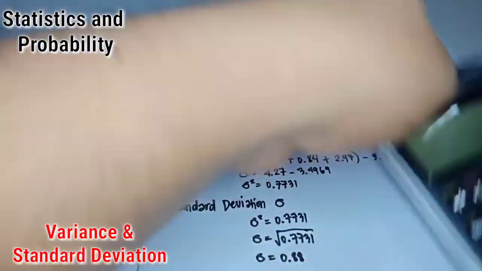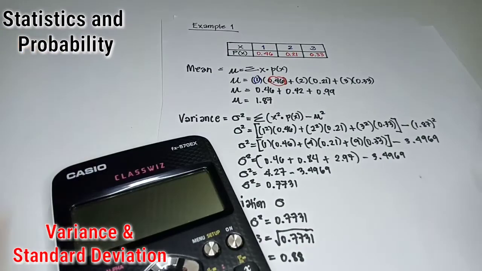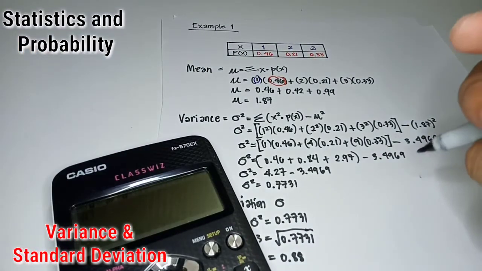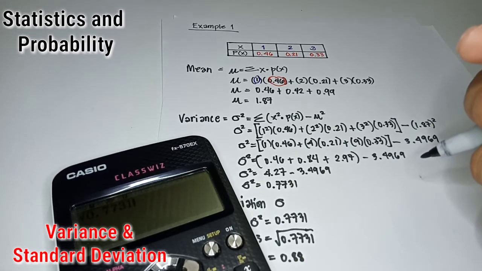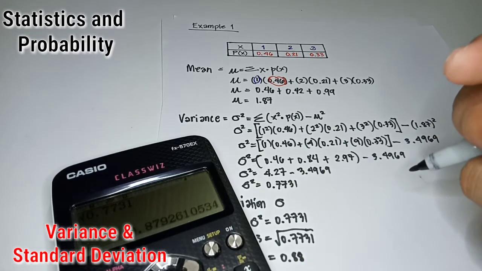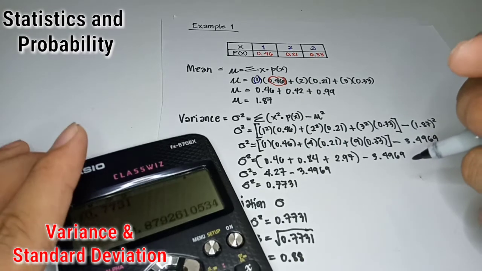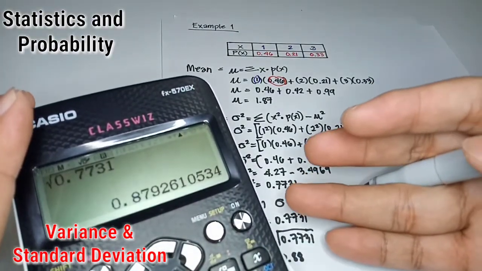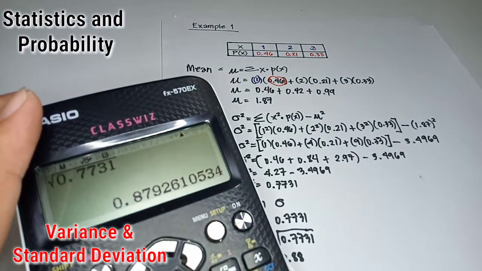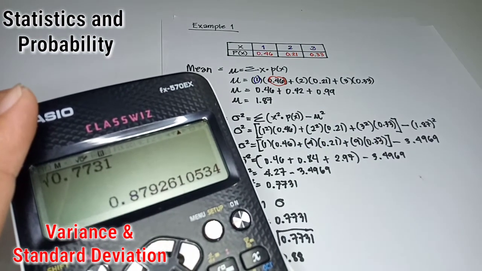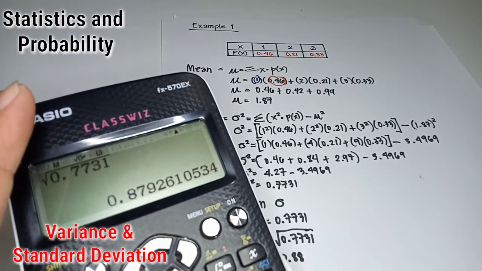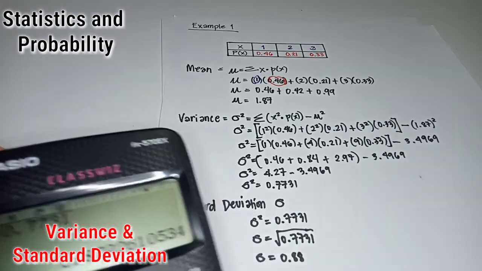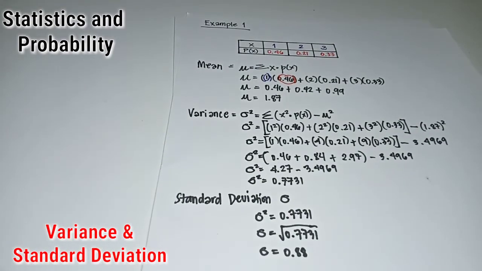Okay, square root of 0.7731, answer. That's around 0.8792610534, approximately 0.88. So we have our standard deviation of 0.88.